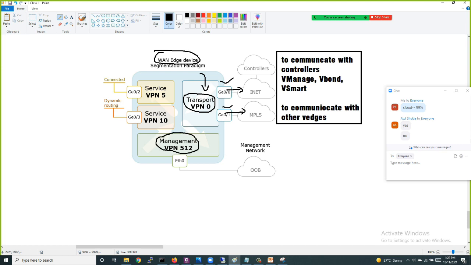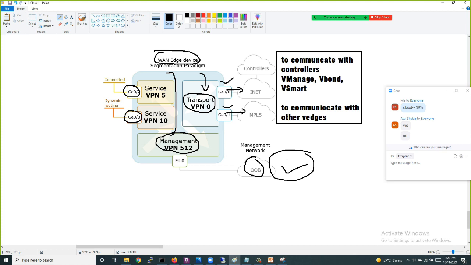Now second, what is management VPN? Management VPN is there to provide the out of band management, right? I'm not explaining this here, maybe in future we will discuss, but this is not an important aspect. Second is service side VPN. Let's say you also have two more interfaces, 0/2 and 0/3.